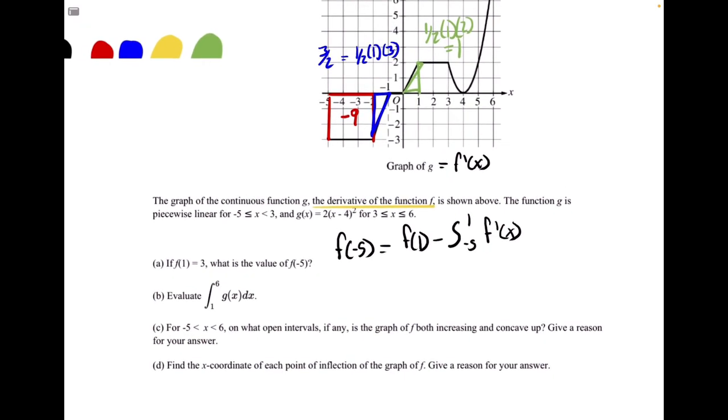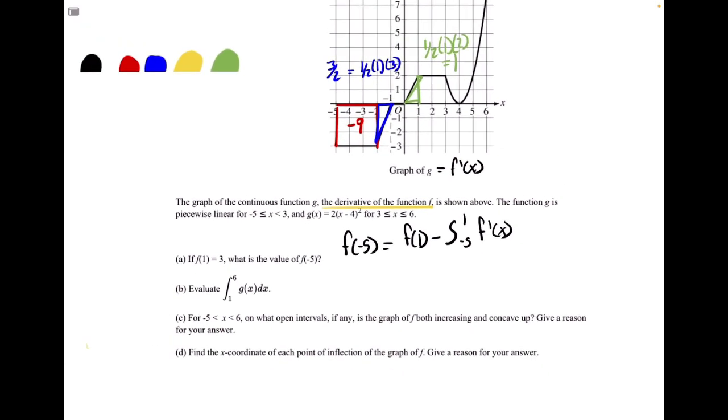So if we plug this into our equation right here, we can find the value of f of -5. f of 1 was, as stated, equal to 3 minus -9 minus 3/2 minus 1.